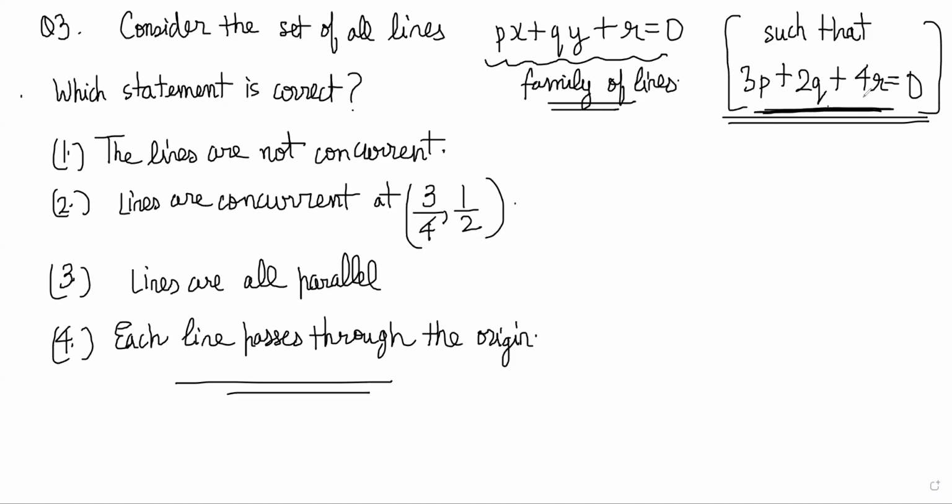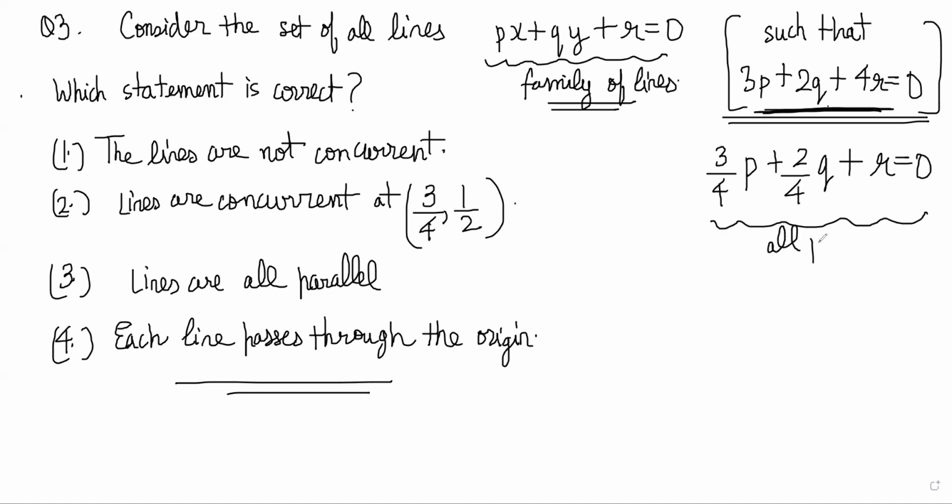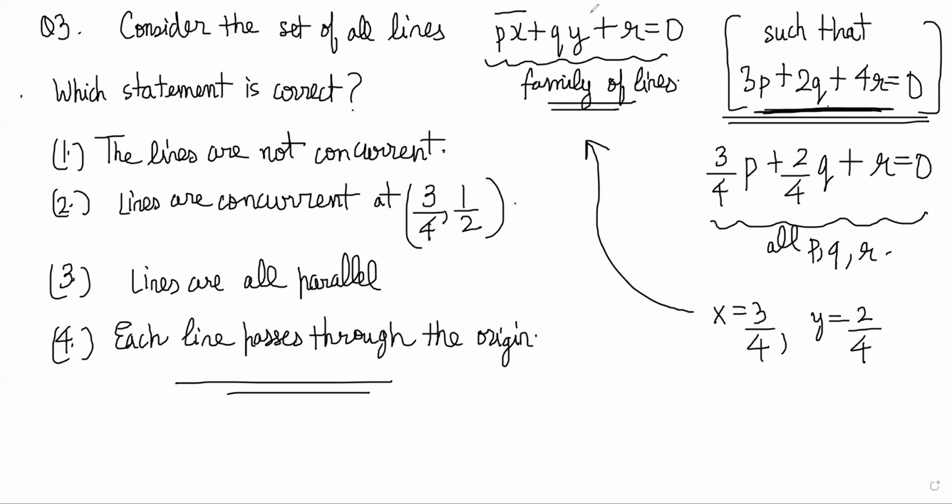So if I simplify this expression by dividing by 4, I will get 3 by 4 P plus 2 by 4 Q plus R is equal to 0. And this is true for all P, Q, and R. Now notice, if you put X is equal to 3 by 4 and Y is equal to 2 by 4 in the line equation Px plus Qy plus R, that equation is always true for all values of P, Q, and R, right?